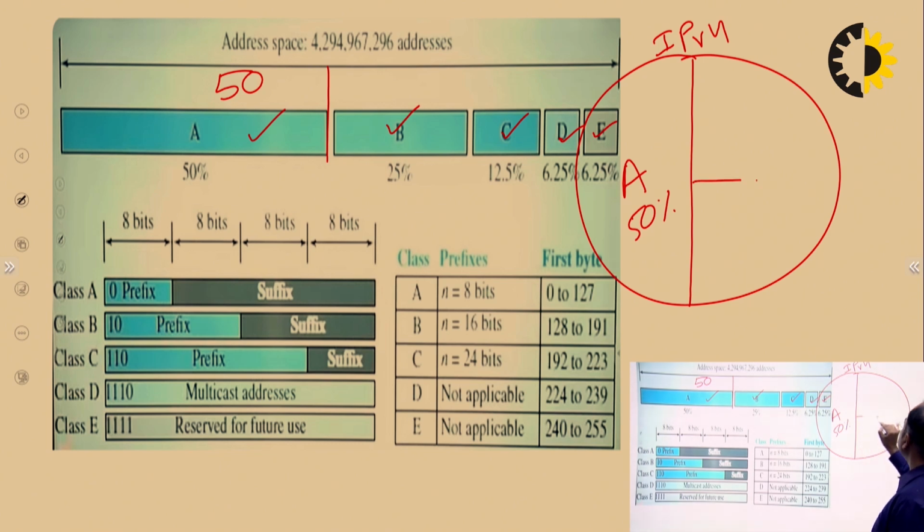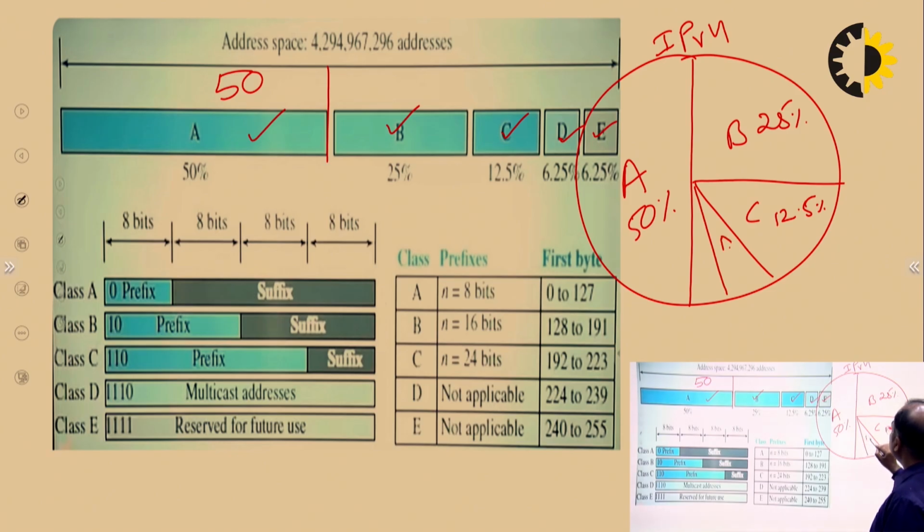Then this is class B, which is 25% of these addresses, and this is class C, 12.5% of addresses. Then this is D and E, which is 6.25% of addresses each. This is the scenario where we divide these addresses like this. Clear?